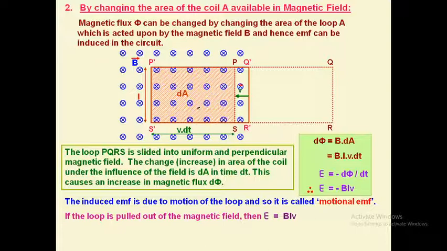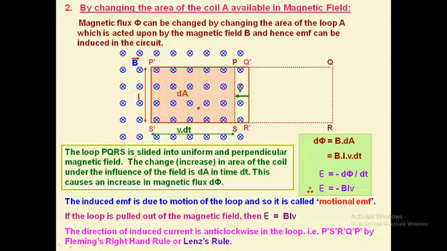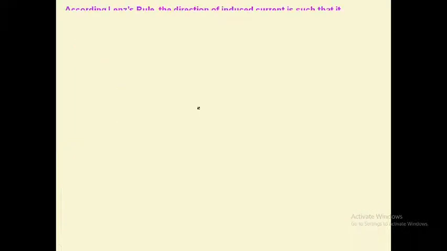And that negative or positive is due to Lenz's law. The direction of induced current is anti-clockwise in the loop, and it can be obtained by Fleming's right hand rule or Lenz's rule. Lenz's rule we have already discussed; we can discuss Fleming's right hand rule later on. In the diagram you can see the current is in anti-clockwise direction.